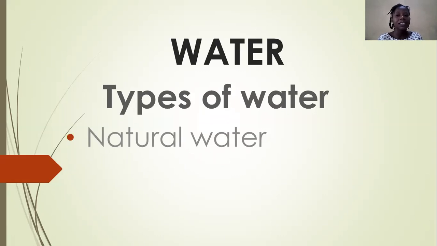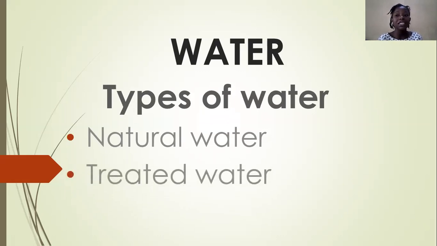So these are natural water. Then you have treated water, water that is treated for specific use. For example, distilled water is treated so that it can be used in the laboratory, majorly used in the laboratory. Then you have your pipe-borne water. These waters are treated for public use.